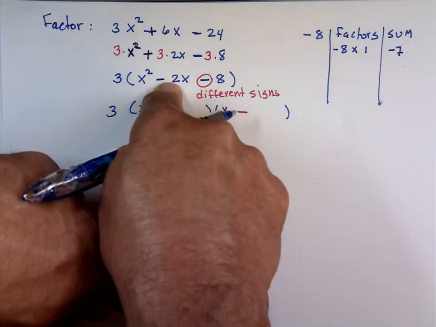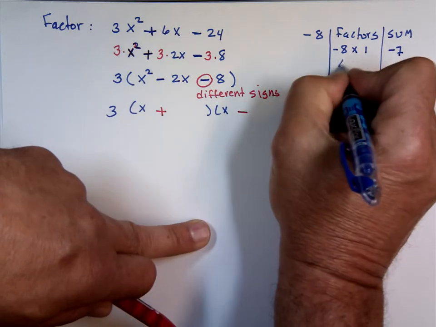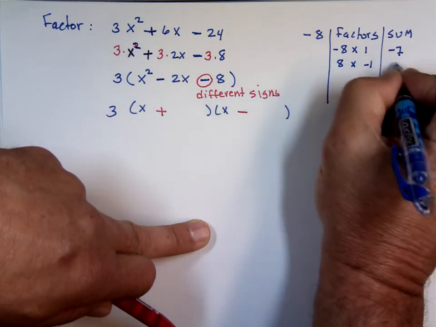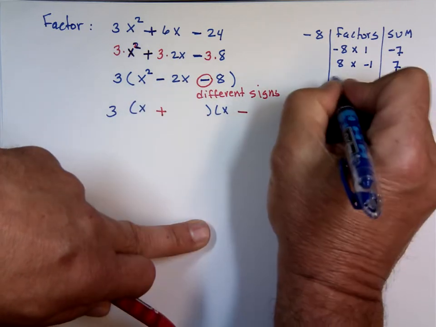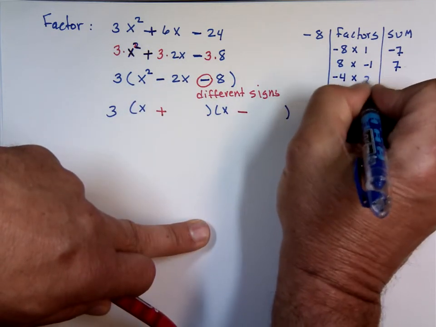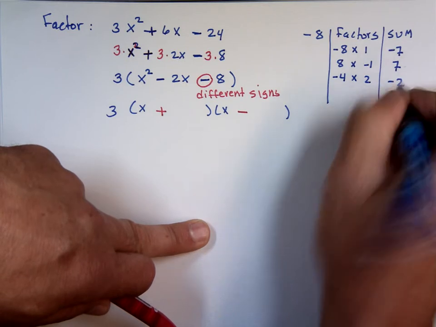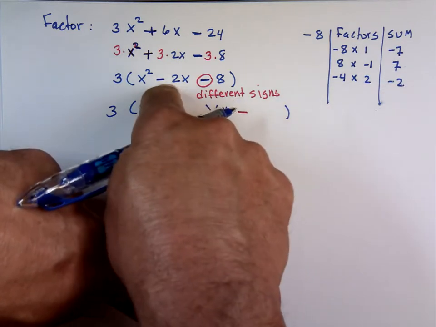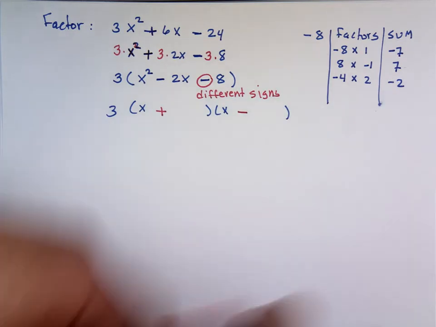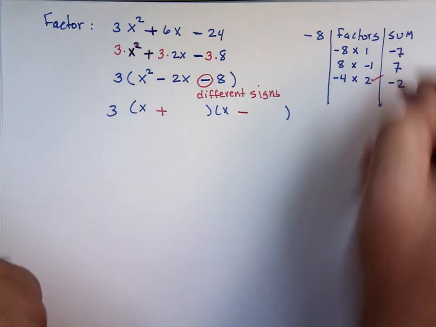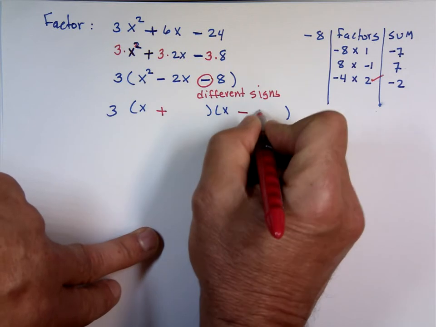Could be 8 times a negative 1, that will give me a 7. Still not good. Could be negative 4 times the 2, that will give me a negative 2, and that's what you want it to be. So my numbers are negative 4 and plus 2. The negative goes with the 4, the positive goes with the 2.